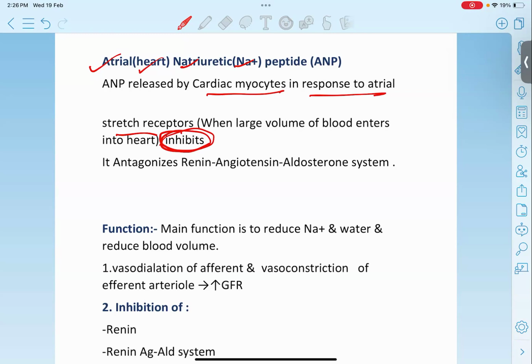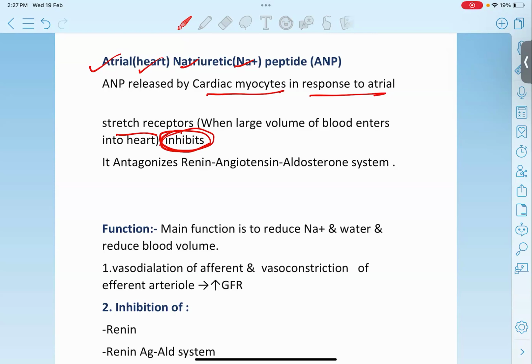This volume overload will stretch the atrial receptor, because there was not supposed to be so much volume going into the atrium, but for some pathology, there is volume overload. So the atrial myocyte will produce ANP, and this ANP is an inhibitory hormone.